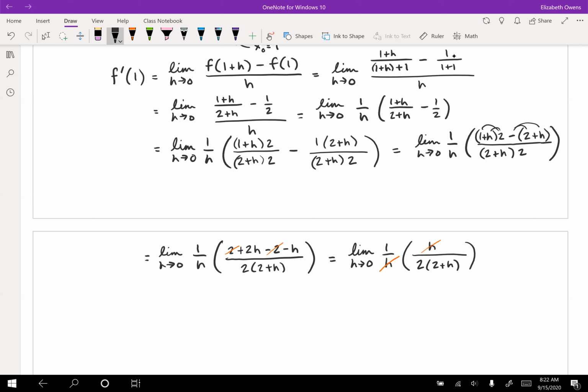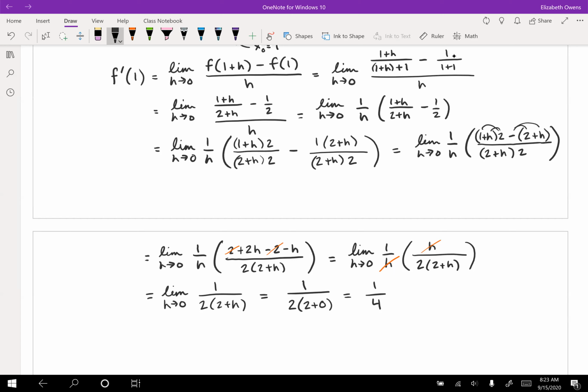All right, so we've got our limit as h approaches 0 of just 1 now over 2 times 2 plus h. And that frees us up for direct substitution. So let's do that. Put in 0 for h, and we're going to end up with 1/4.